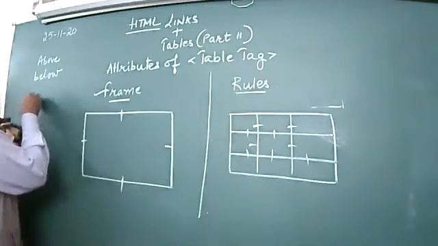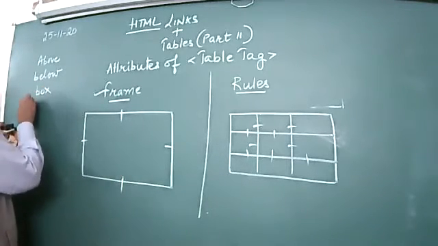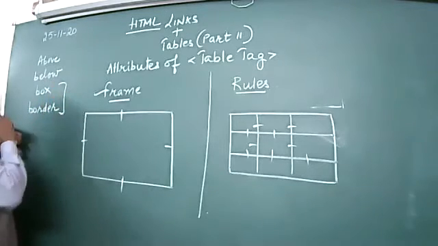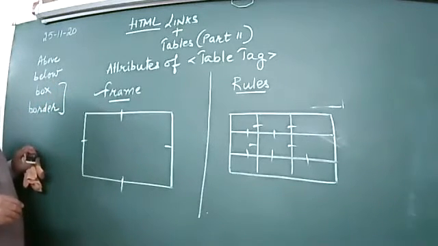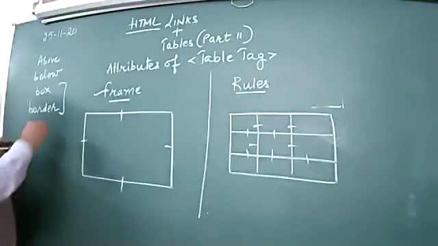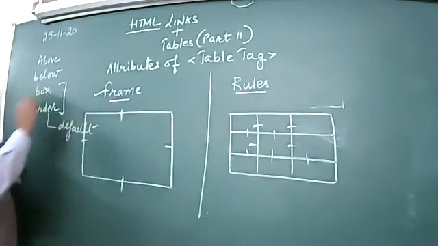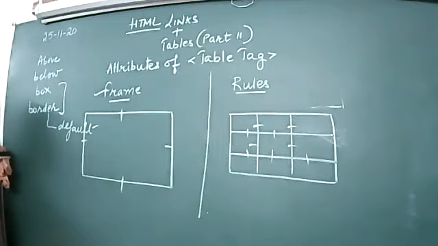Then border. Border and box, they both are same. The only one logical difference is border is the default value. Border is the default value of the frame attribute. Right?